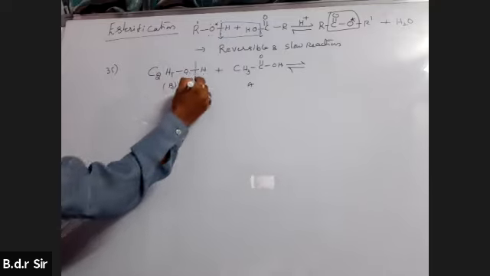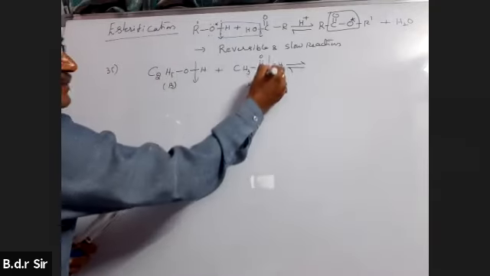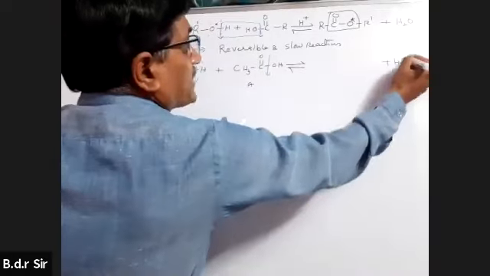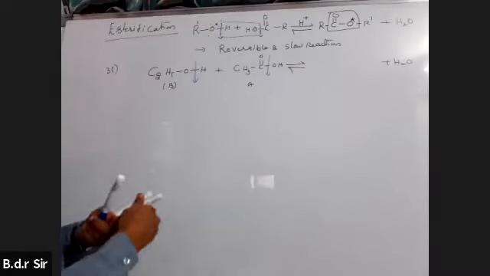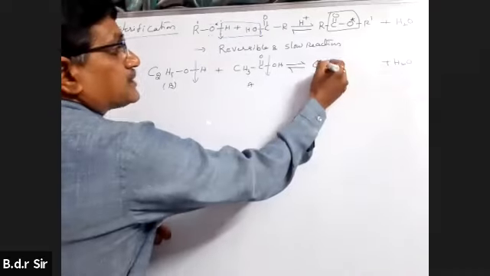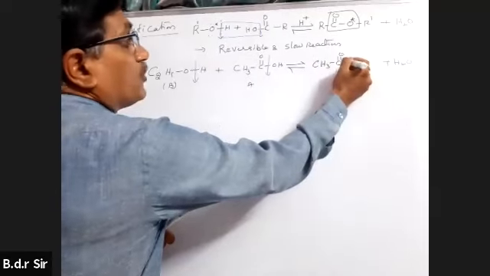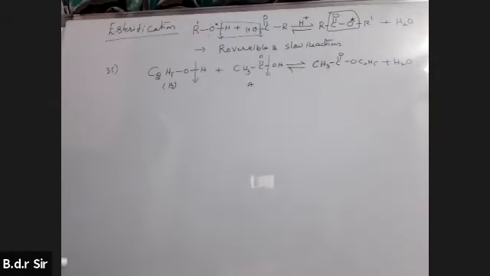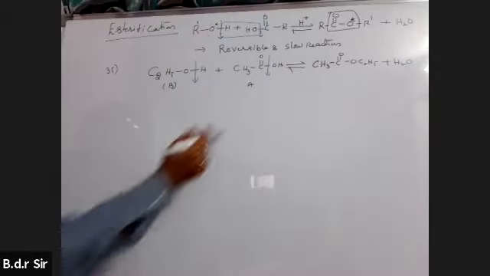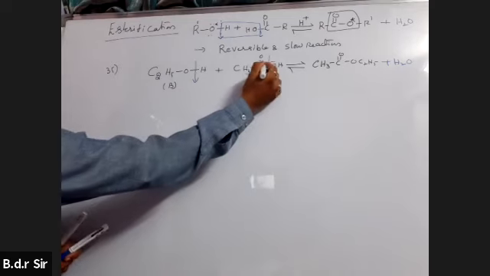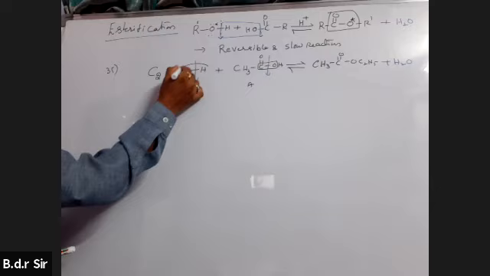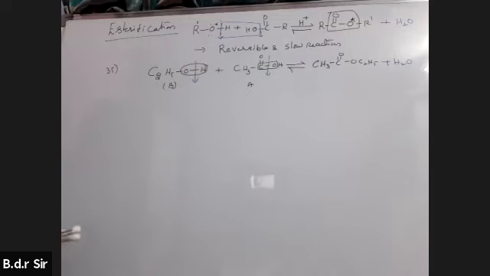Here breaking of OH, here breaking of CO, gives rise to water. What is the remaining? CH3COOC2H5. So what is the answer? In A, CO bond breaking, and in B, OH bond breaking.